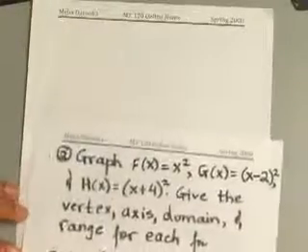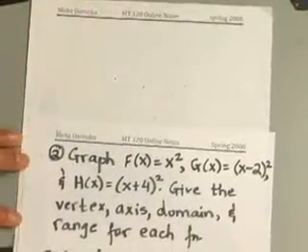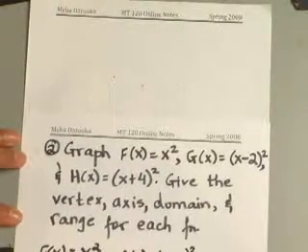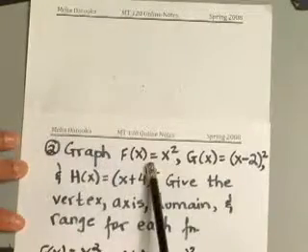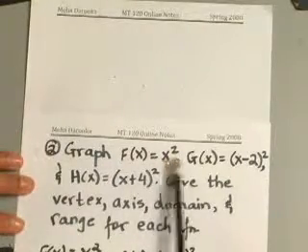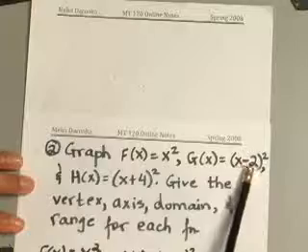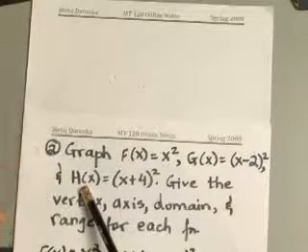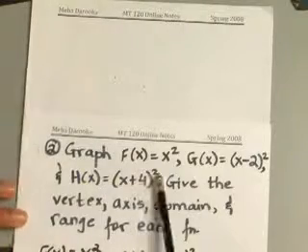Now let's say we have a function of this form. We're trying to graph f of x equals x squared, which is our base function, g of x, which is x minus 2 whole quantity squared, and our third function is h of x, x plus 4 squared.